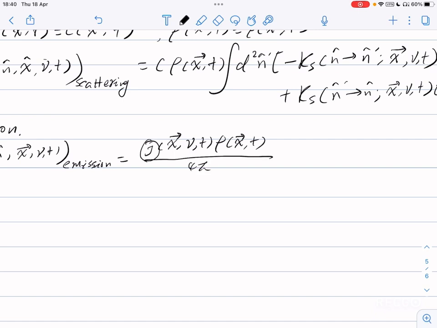Well, this j is the coefficient characterizing the medium and the radiation field.